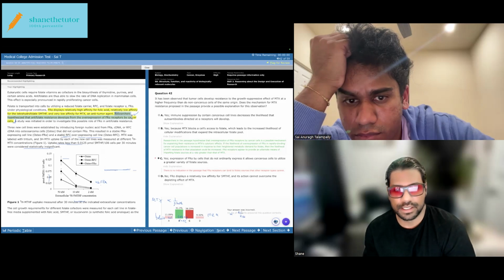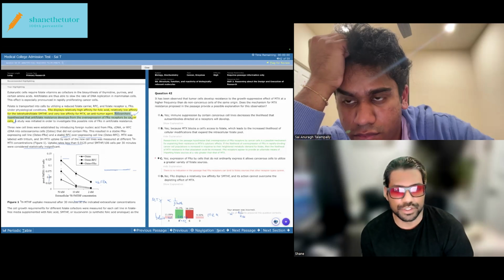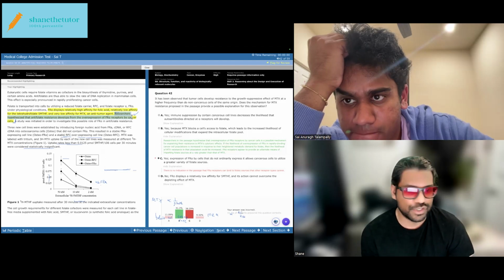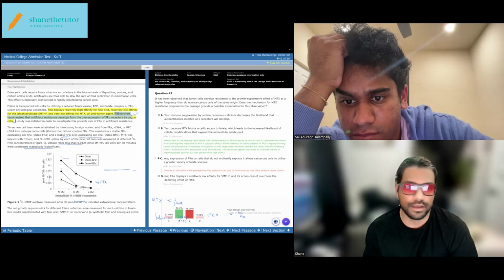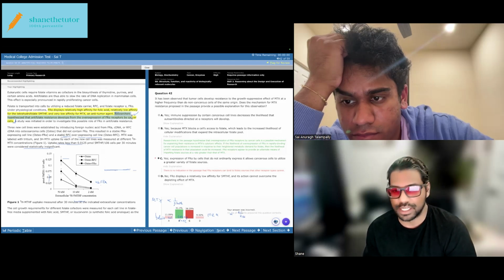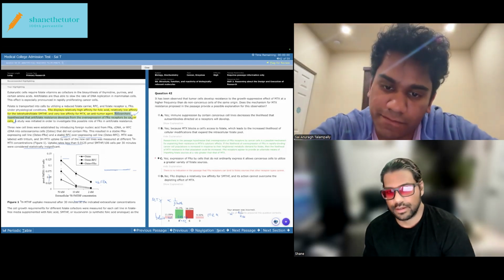C says that cancerous cells express it, but other cells do not express it. Okay. So it's not that cancer cells express it and ordinary cells do not express it. It's that ordinary cells express it, the cancer cells overexpress it. Okay. I see the distinction.